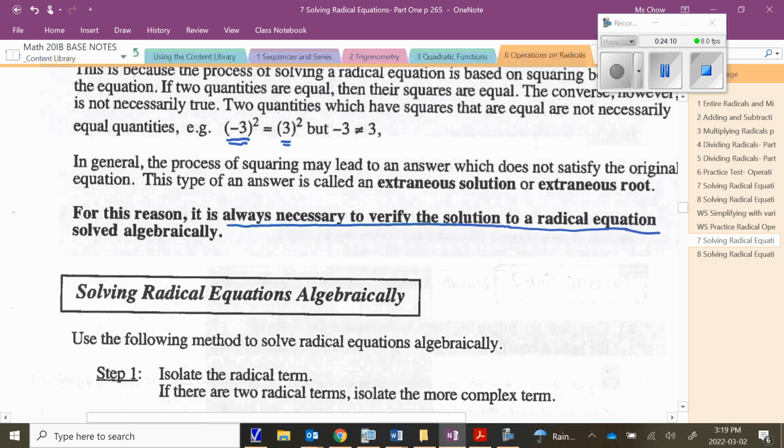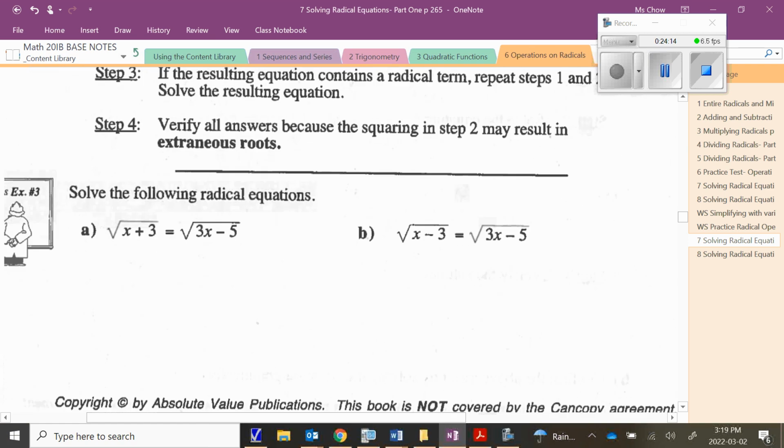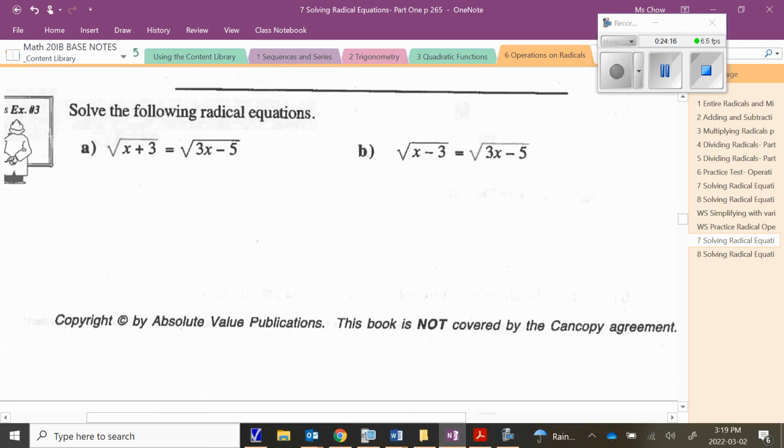Okay, so let's take a look then. With A, again, I'll talk through this one with you and then you can try B on your own. So we've got two radicals. They're both isolated, so I will square the whole left side and square the whole right side.